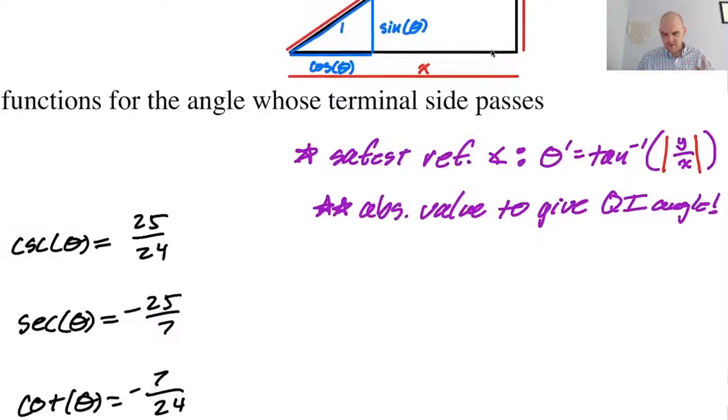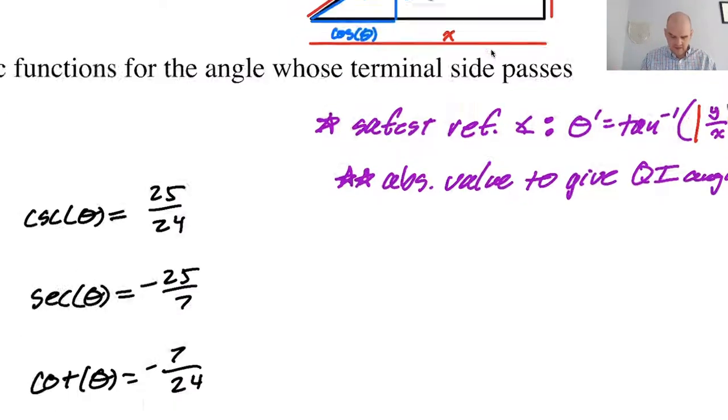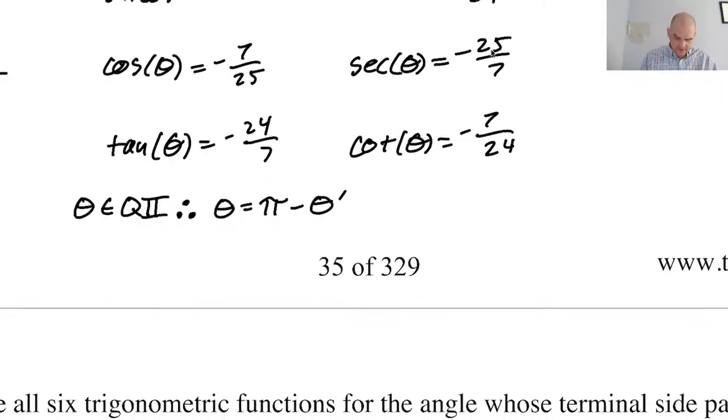But our preferred reference angle all year long, and for the rest of math, is going to be inverse tangent of the absolute value of y over x. So that's our reference angle. Here, we can say theta is going to be pi minus the inverse tangent of the absolute value of 24 over 7.